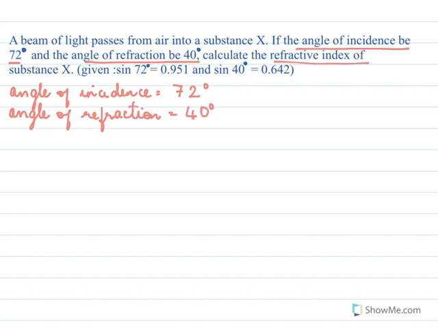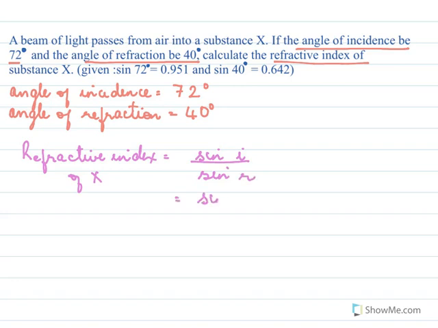Calculate the refractive index. So refractive index of X will be sine of angle of incidence over sine of angle of refraction, and that means it is equal to sine of 72, because angle of incidence is 72, angle of refraction is 40 degrees.